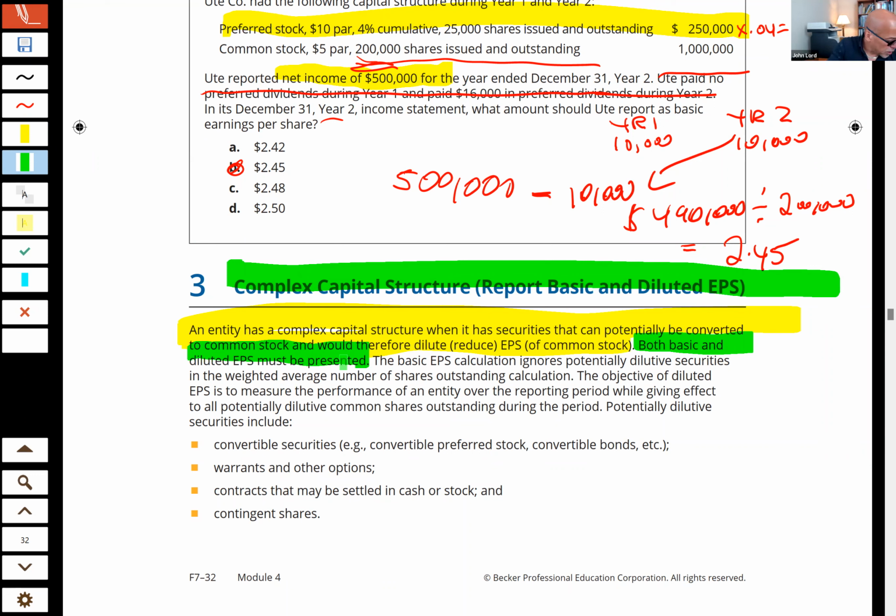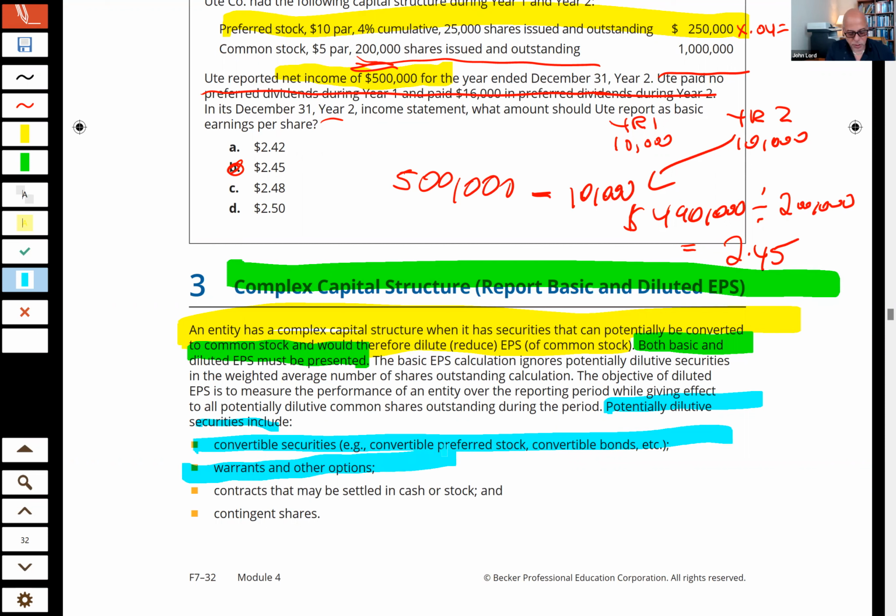And then they start to talk to us about the nature of potentially dilutive instruments, which include convertible securities, for example, bonds that could be converted into common stock, preferred shares that can be converted to common stock, warrants and options, contracts, contingent shares, etc.